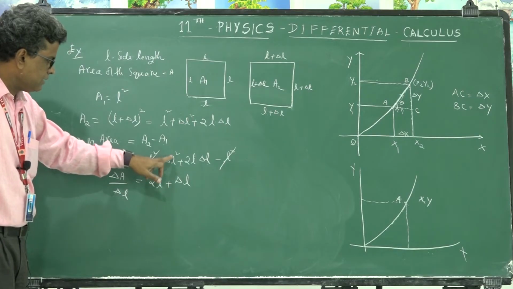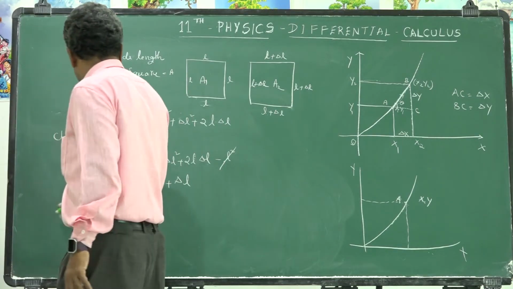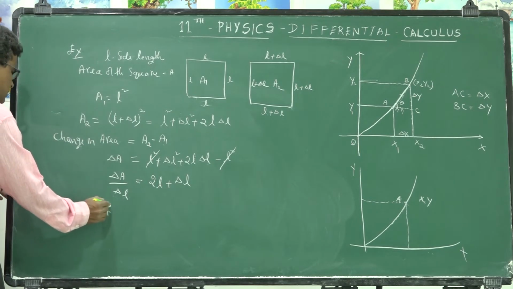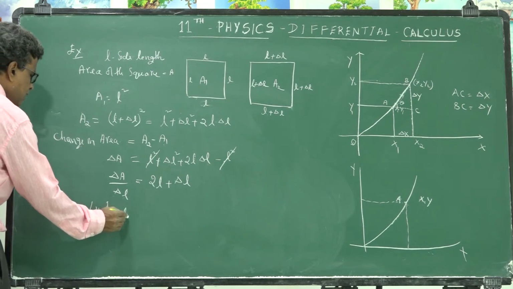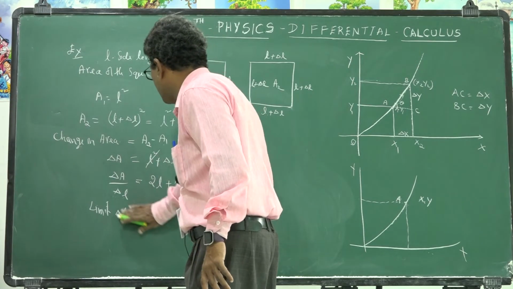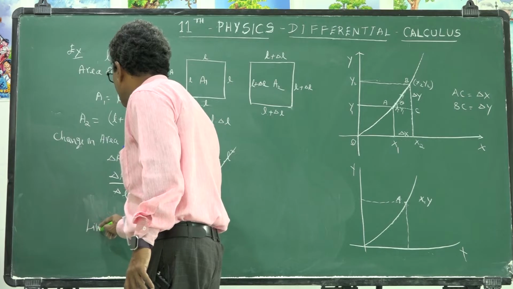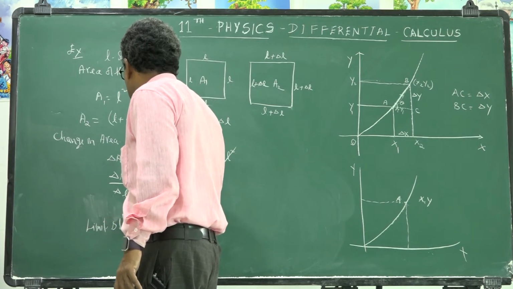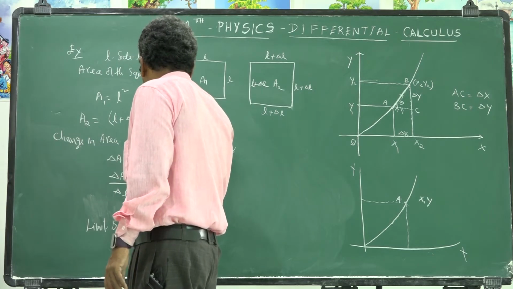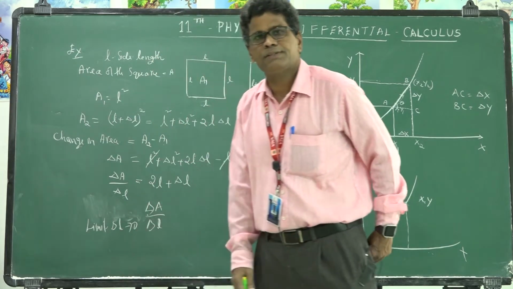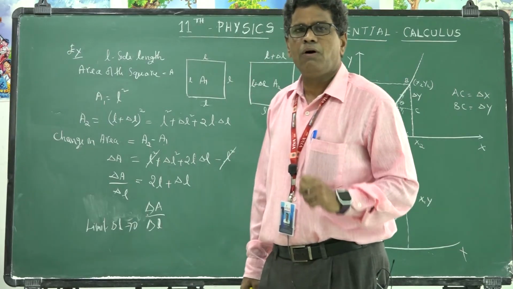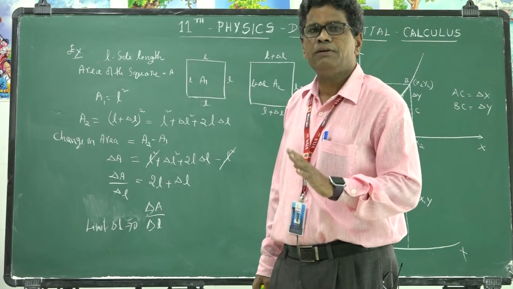Now take the limit delta L tends to 0, of delta A by delta L. That means this increment delta L in L is a very small minute value, but it should not be 0.